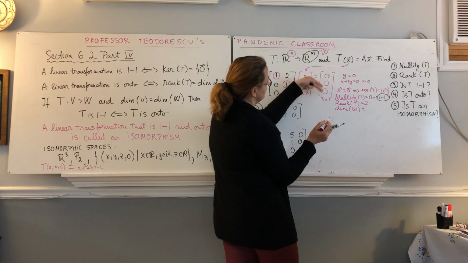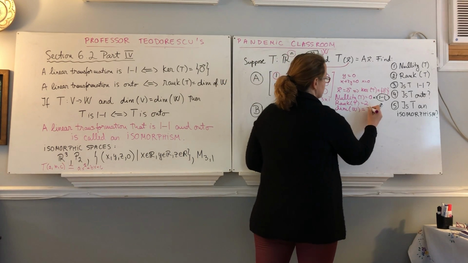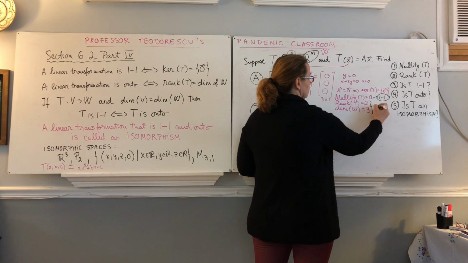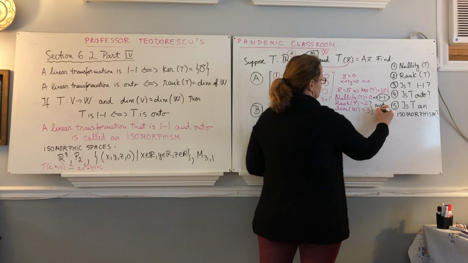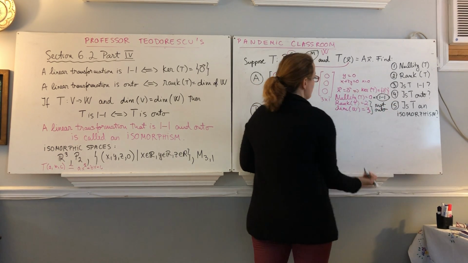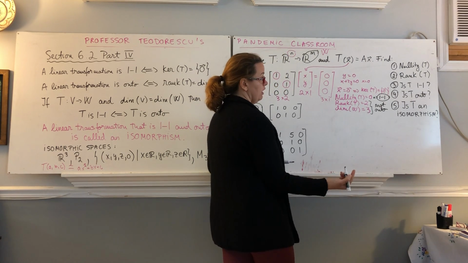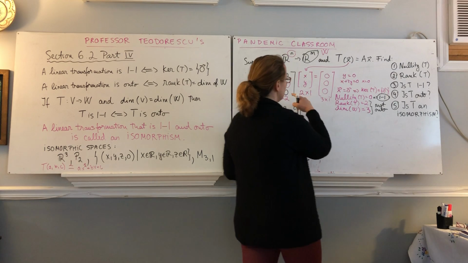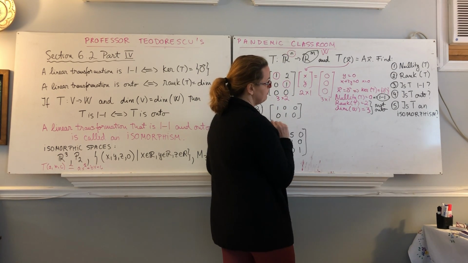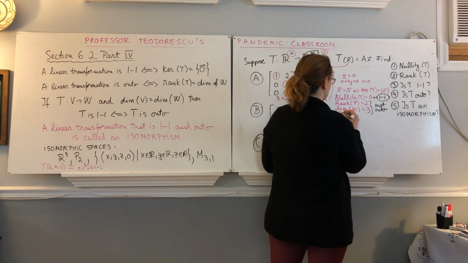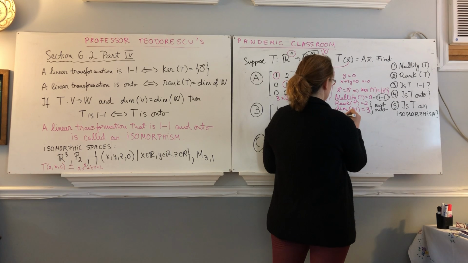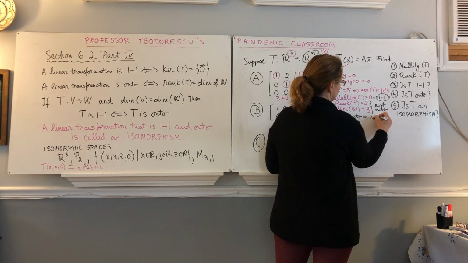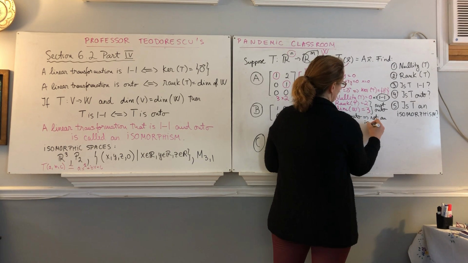So the codomain is three-dimensional. Because these two do not equal, we say that it's not onto. Because it is not onto, it is not an isomorphism. So in order for this transformation to be an isomorphism, it needs to be 1 to 1 and onto. Not onto means not an isomorphism.